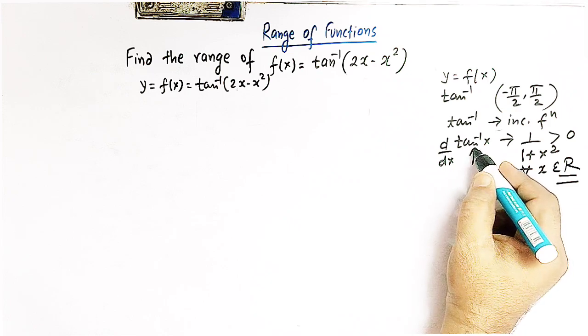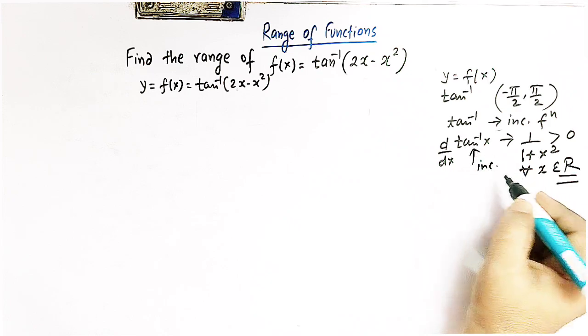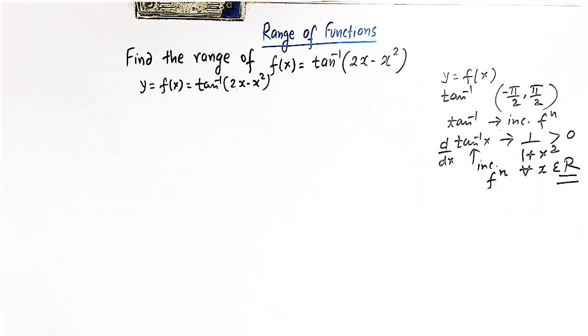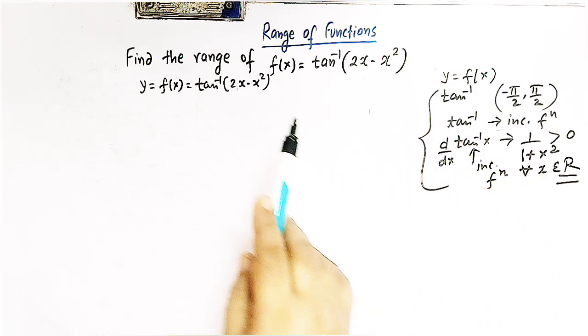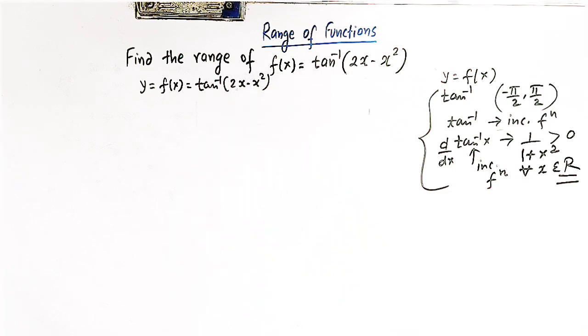So this tan inverse x is an increasing function. So these are the two important concepts which are going to be used to find out the range of this function.